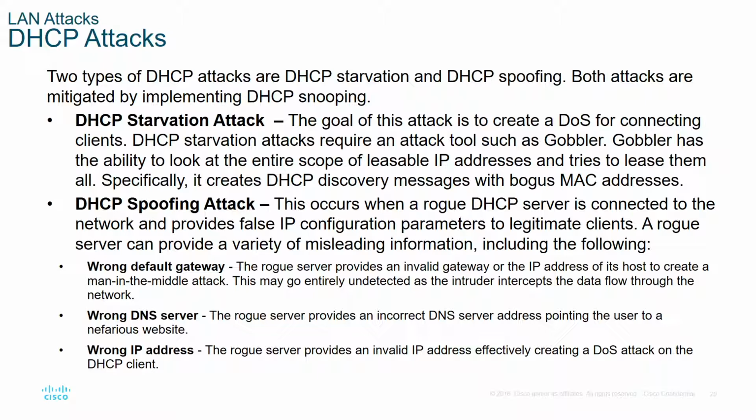This may go entirely undetected as the intruder intercepts the data flow through the network. Wrong DNS server. The rogue server provides an incorrect DNS server address pointing the user to a nefarious website. Wrong IP address. The rogue server provides an invalid IP address, effectively creating a DoS attack on the DHCP client.